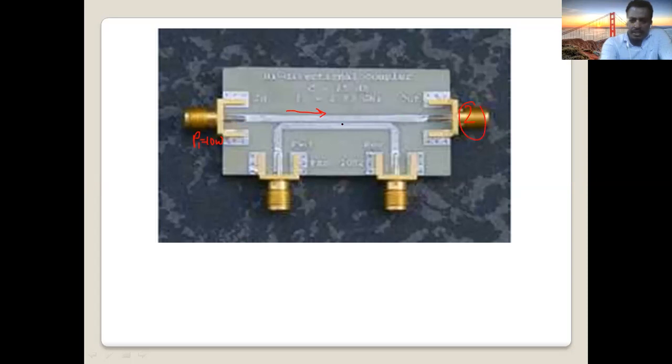But because of this coupling, a small part of the signal is transferred from transmission line 1 to transmission line 2. This is transmission line 1, this is TX2. Here you see there is no physical contact between the 2 lines, but they are very close to each other.